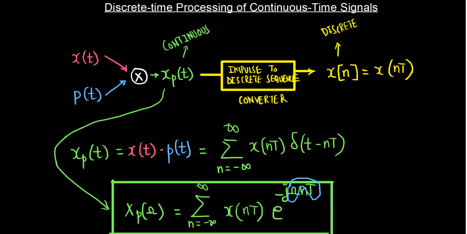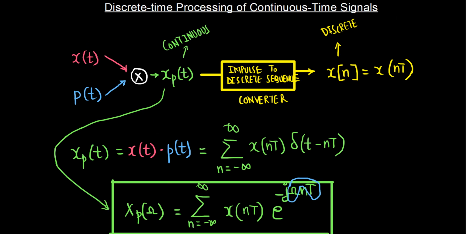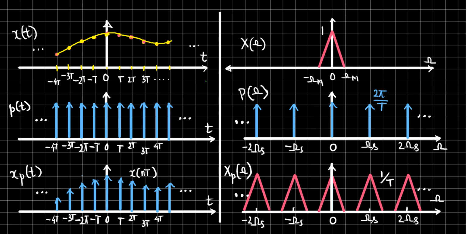So we have multiplied that with p of t. This p of t is simply a train of impulses. After multiplication we got xp of t, that is still a continuous signal, that looks something like this. It is simply the scaled version of this train of impulses. And the resultant Fourier transform is going to be the replicated version of the Fourier transform of the original signal.